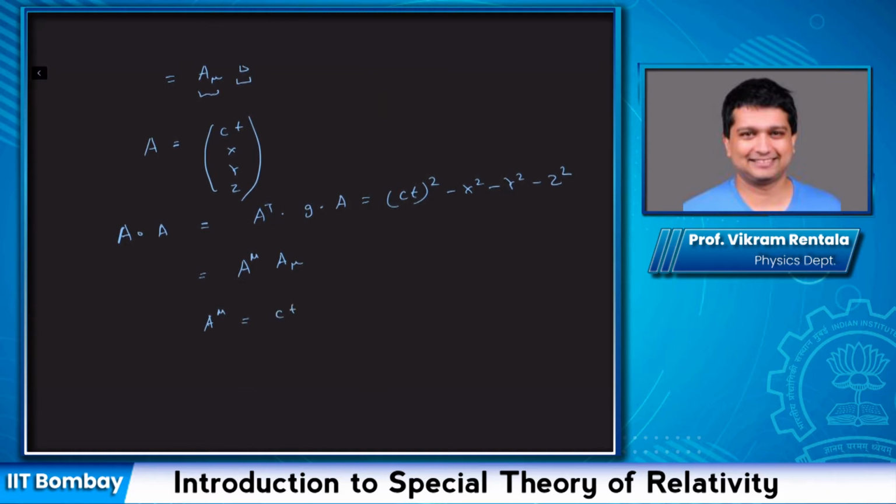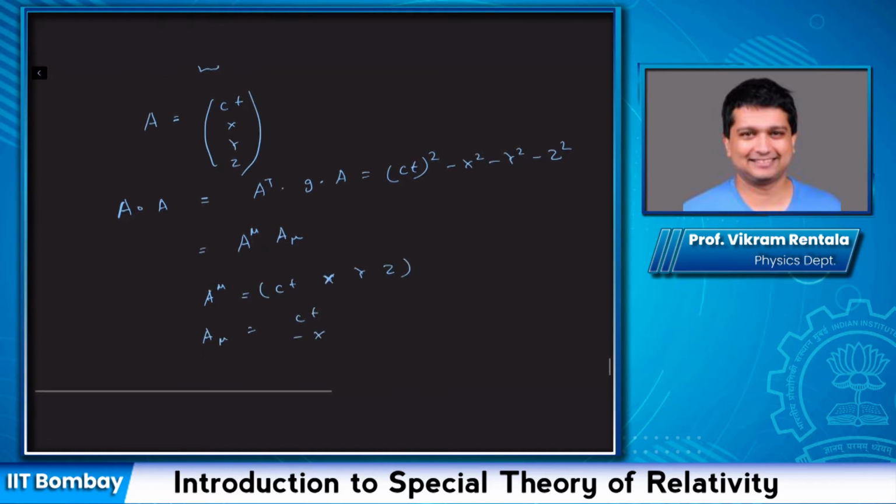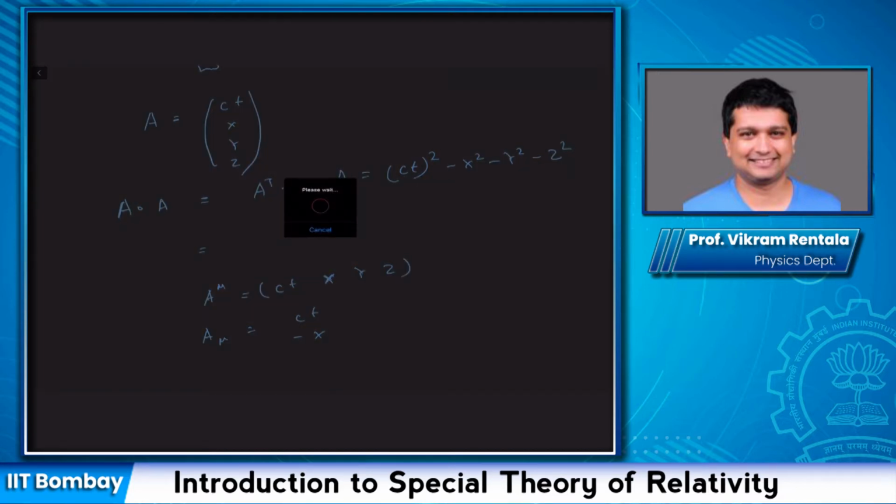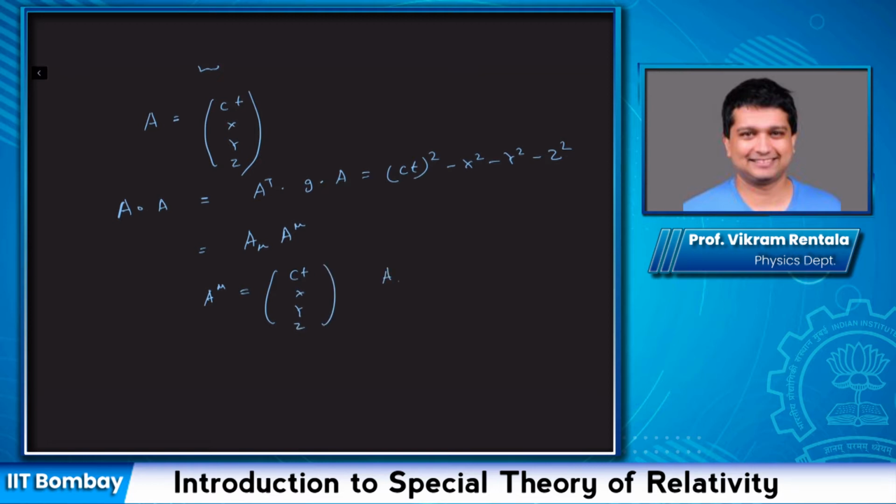A upper mu I can think of as a column vector. It doesn't really matter how I choose to write it, but let me write it as A lower mu, A upper mu. A upper mu we can write as (CT, x, y, z), and A lower mu we can write as (CT, minus x, minus y, minus z).